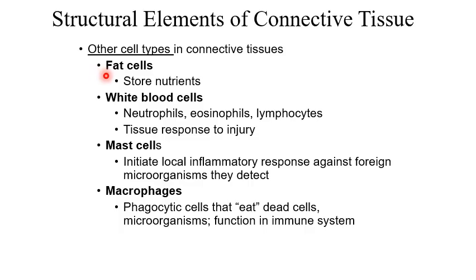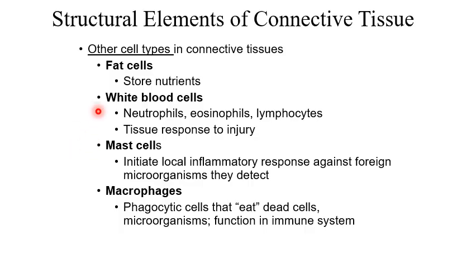So you have fat cells that have little matrix between the cells. You have your white blood cells, the ones that I mentioned before, and they are very important for body defense, immune defense, as well as for recovery from tissue injury.